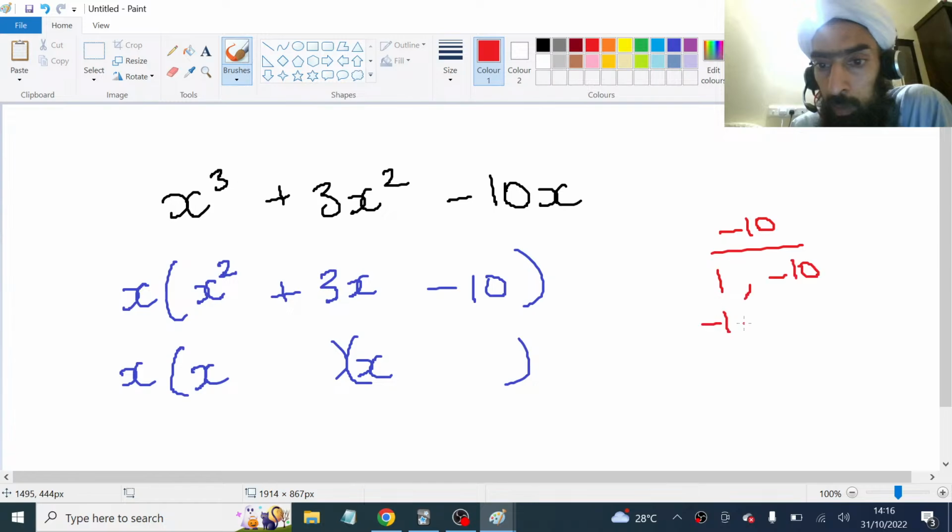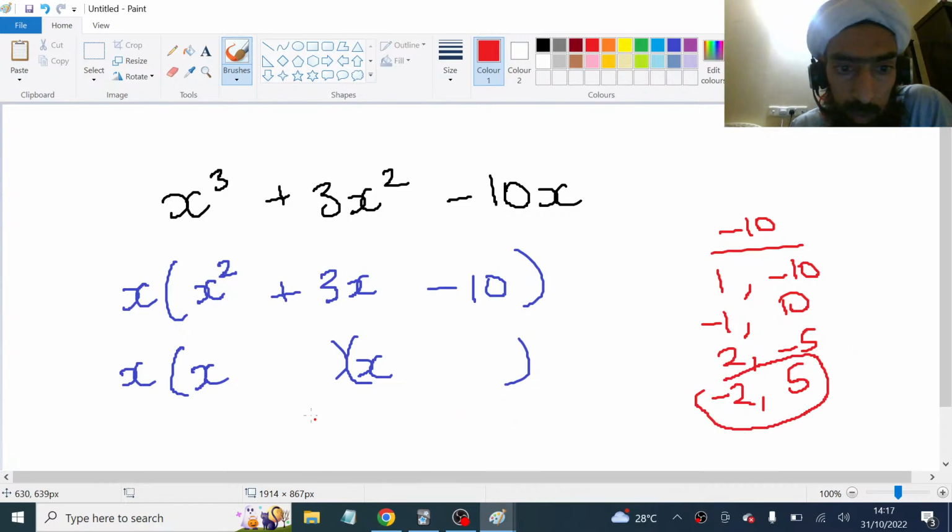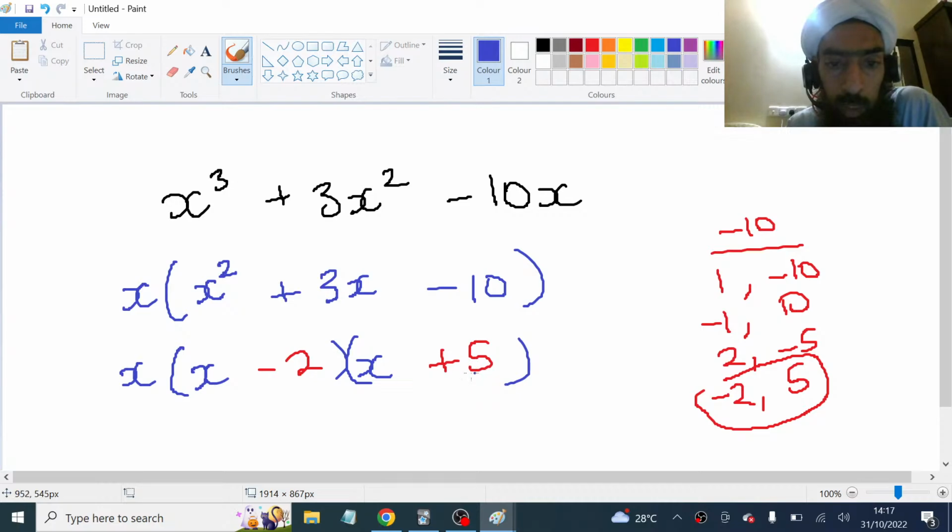Just list them out until you get to a pair which will make the middle number. So 3 in the middle can be made from the last pair, minus 2 and 5. So they're the numbers I need. So the final answer is x times the first bracket x minus 2 times the third bracket x plus 5.